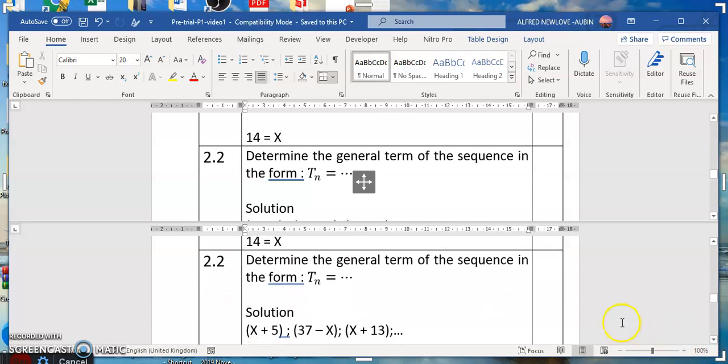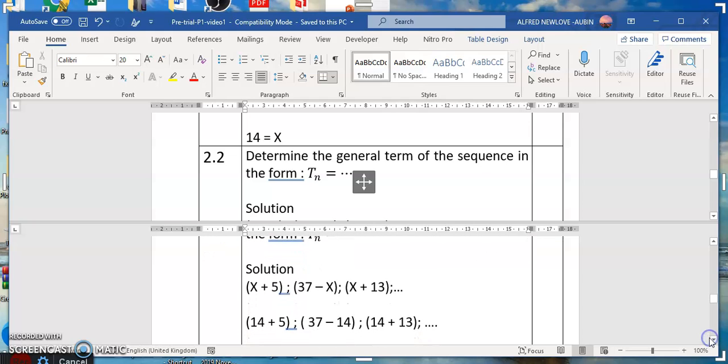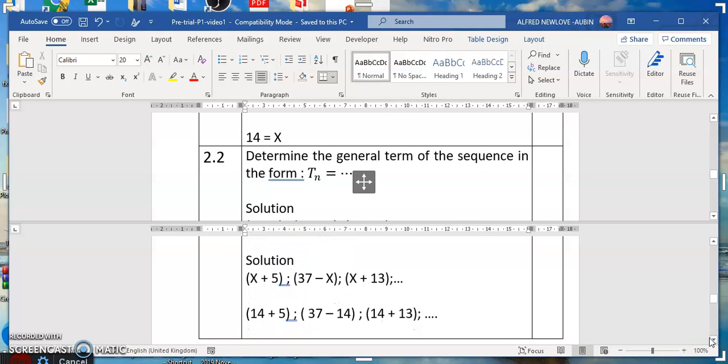Okay, the first thing is, remember the sequence given. We're given x plus 5, 37 minus x, and x plus 13. And this was the first term, second term, third term. And our first term is a, né? Okay. So in this sequence, we managed to find x to be 14. So we are going to substitute x into this. So this side is going to be 14 plus 5. And this side is going to be 37 minus x, which is 14, so you put 14 there.